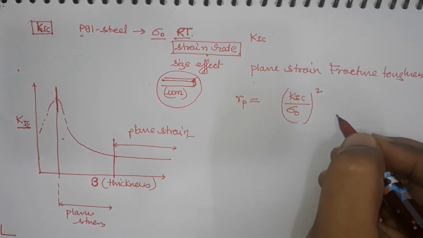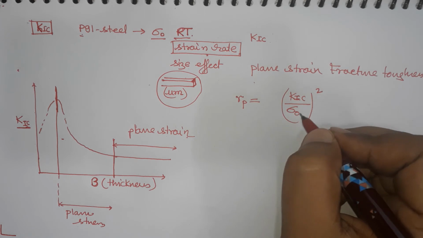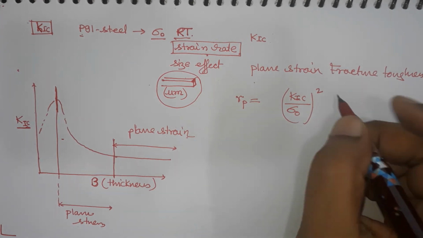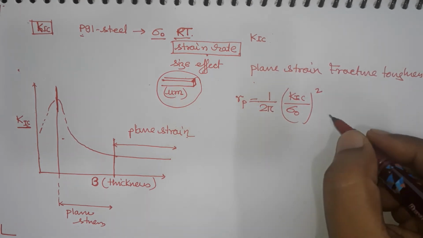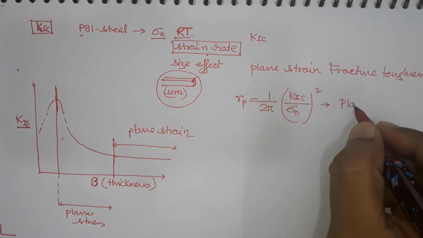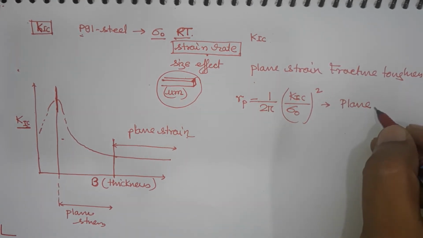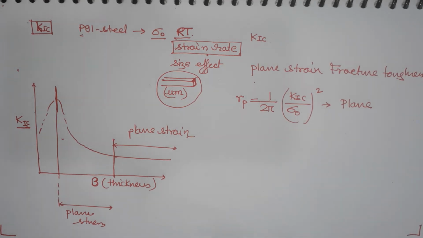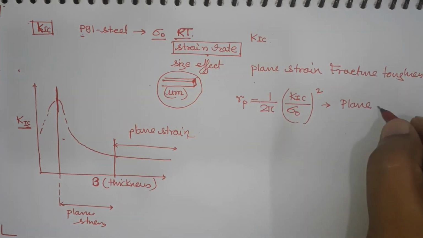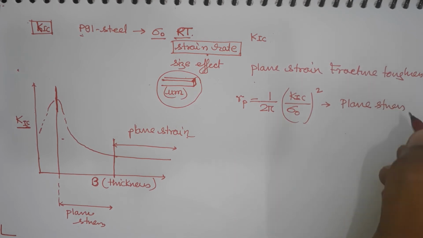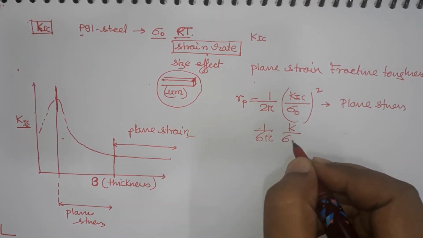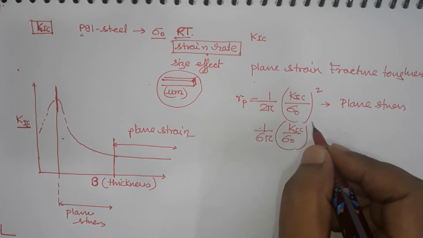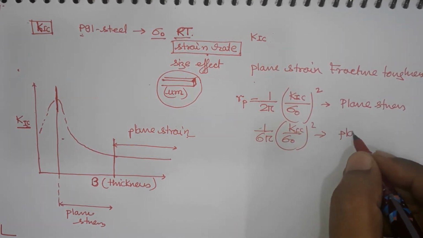So, some constant into K1C by sigma naught whole square. This constant value will be 1 by 2 pi for plane stress and 1 by 6 pi for K1C by sigma naught whole square in plane strain condition.